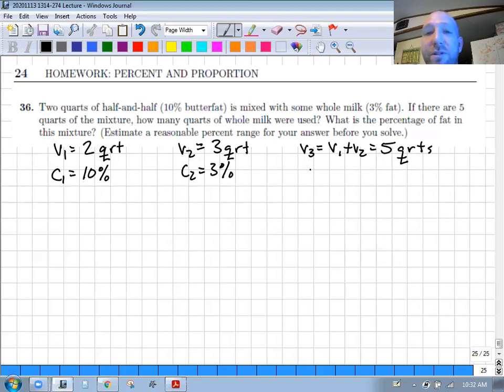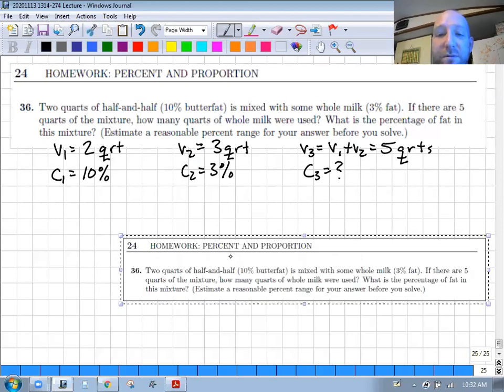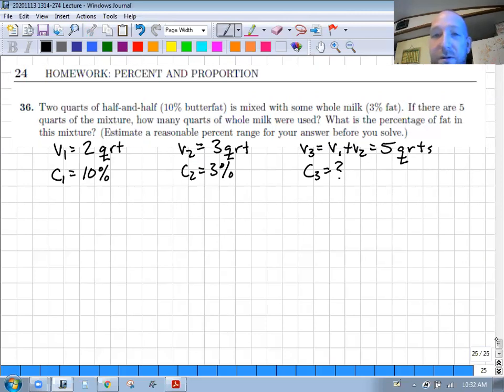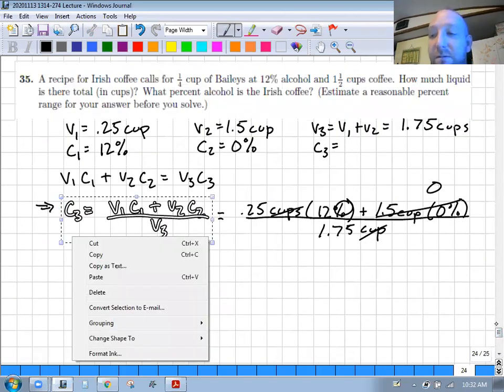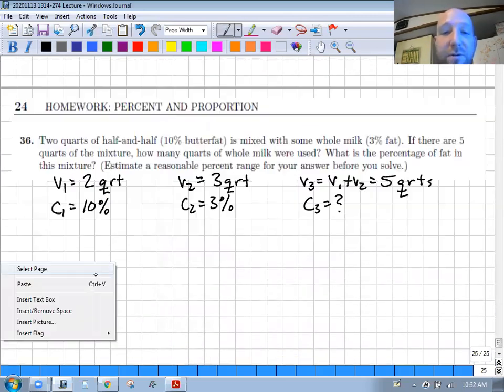So what is the percentage of fat in the mixture? So C3 equals what? Well, we already did that. Just need to plug in our numbers.